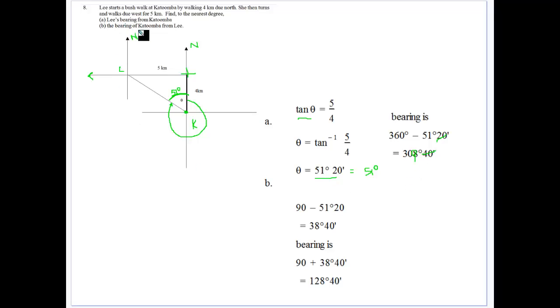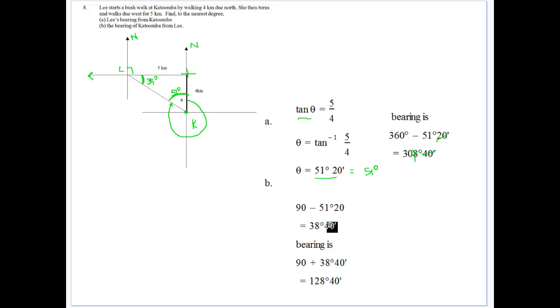Now, the bearing of Katoomba from Lee. What we want is Lee's basically looking back at Katoomba, and what direction does Lee need to look back at Katoomba in? So we've got 90 degrees there. We need this angle. Now, if that's 51 degrees, that would be 39 degrees.